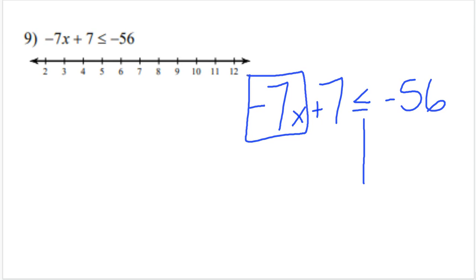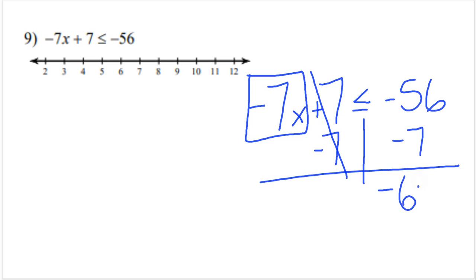So I'm going to do the inverse of addition, and I'm going to subtract 7 from both sides. 7 minus 7 gives me 0. And negative 56 minus 7 gives me negative 63. I'm going to go ahead and bring down my negative 7x and my less than or equal to sign.